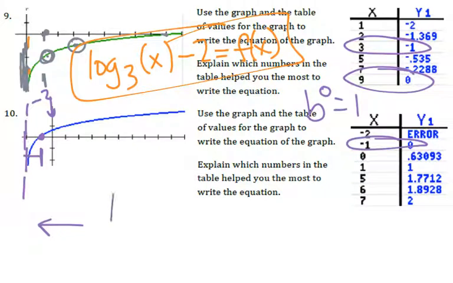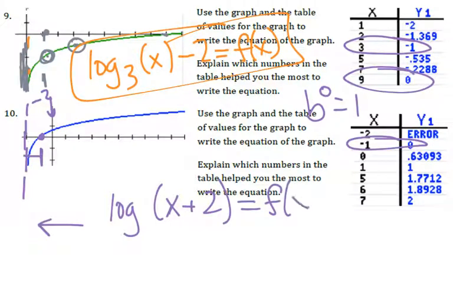Okay, so we've got log base something of x plus 2 equals f of x, most likely. So then we have 1, 1. So I jumped over 2, I went up 1 more, and then 7.